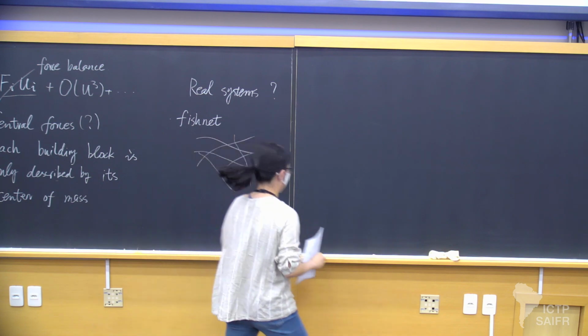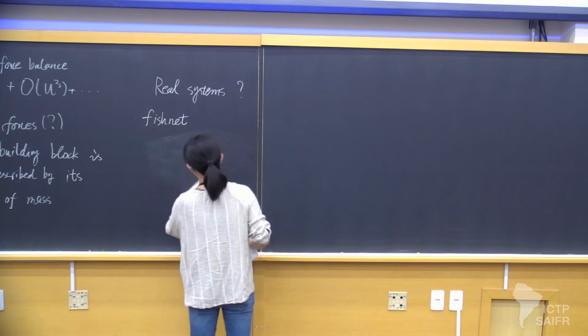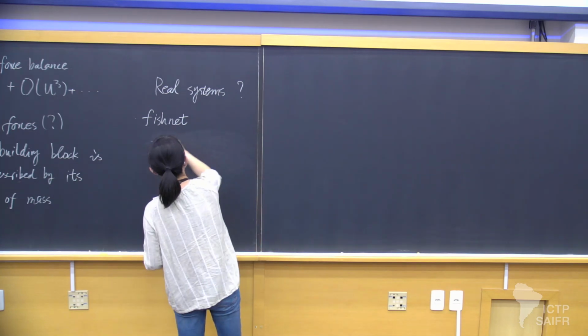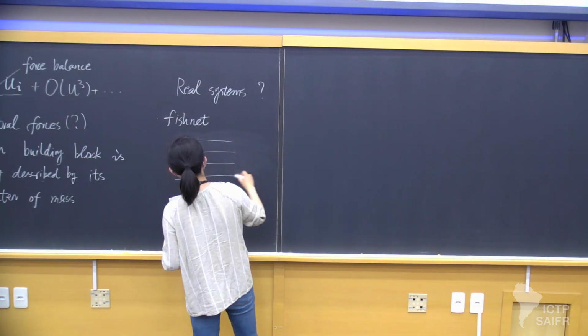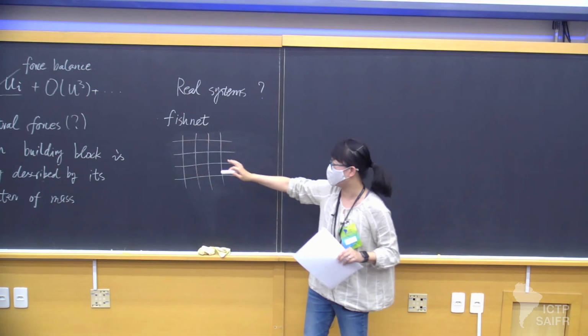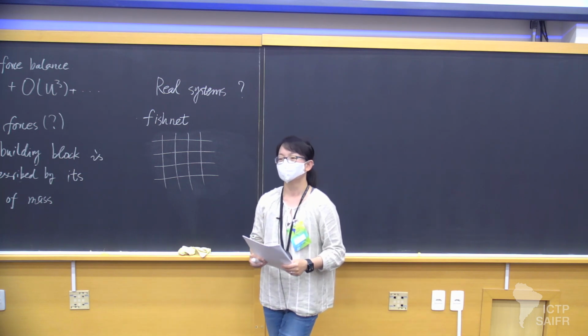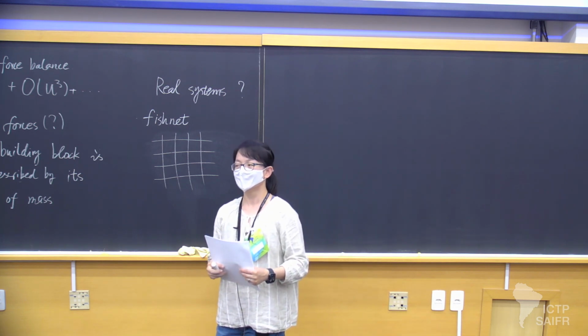I think I should not draw it disordered. Fishnet is usually ordered, right? Some kind of net like this. Just very schematically, right? And that does not resist compression.